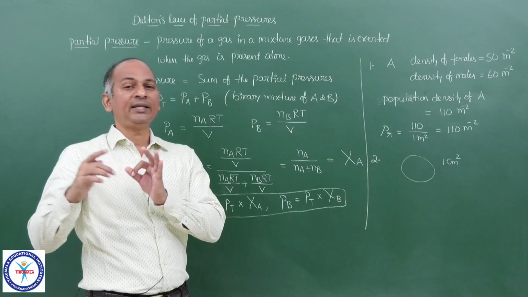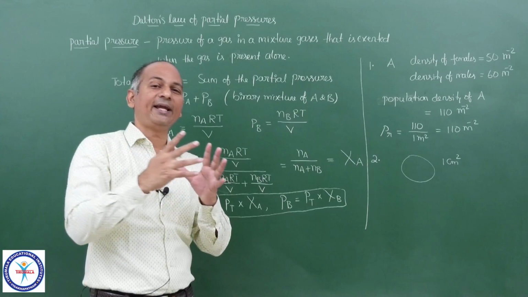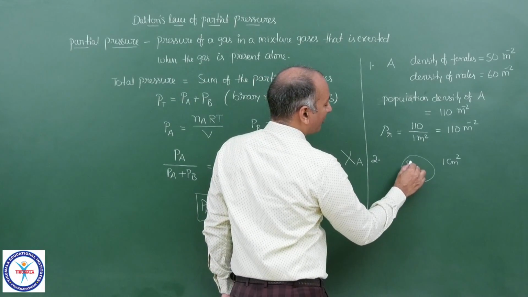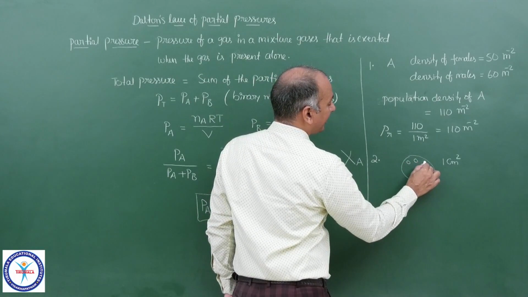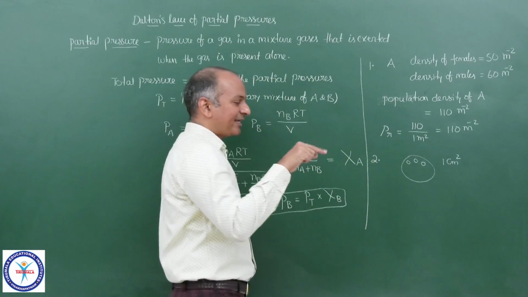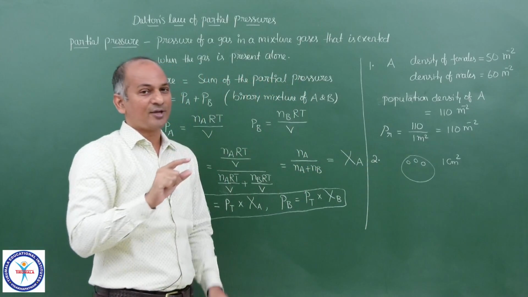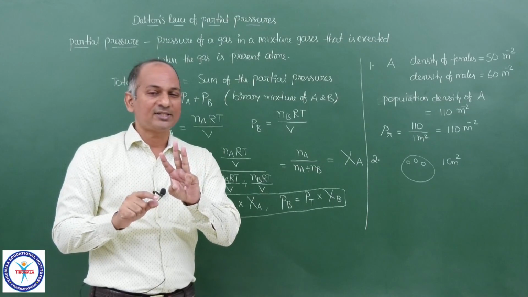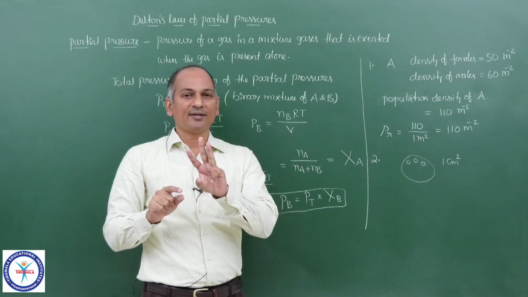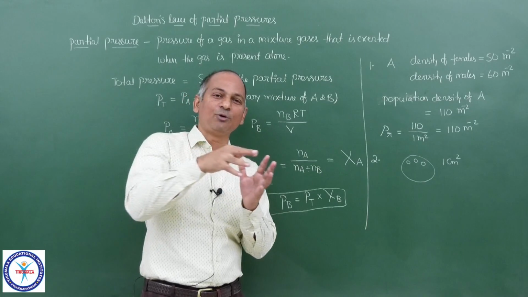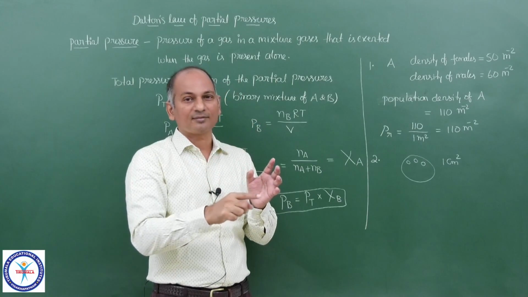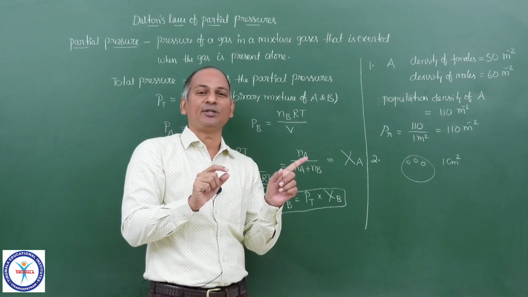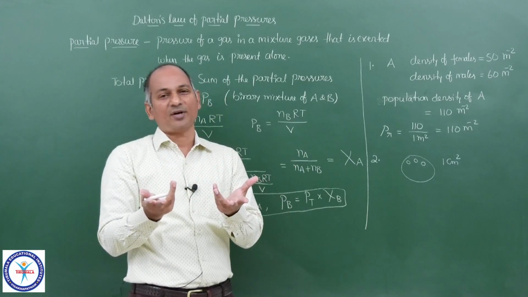And how many oxygen molecules are colliding with the wall of the container? Let me represent oxygen molecules by small circles. These are the oxygen molecules. So how many are colliding? 3. And what is the partial pressure of oxygen? It arises because of these 3 collisions on that unit area. The force exerted by these 3 molecules on that area, that is the partial pressure of oxygen.